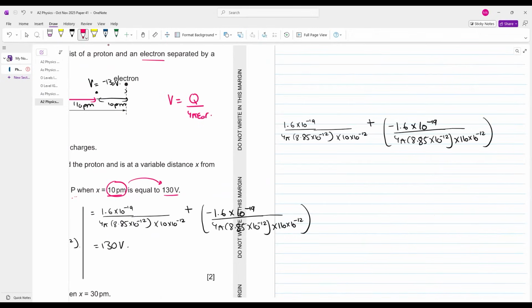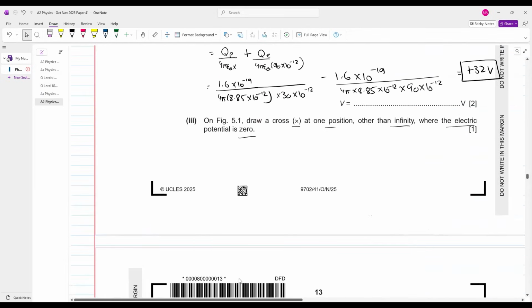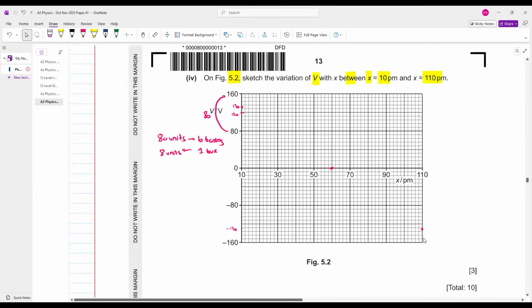In place of the proton, the distance will be 110 and the distance from the electron will turn out to be 10. If you just change these values, at a distance of x equals 110 picometer, you will realize the potential becomes negative 130 volts. That's why here I have marked your electric potential as negative 130 at 110 picometer.